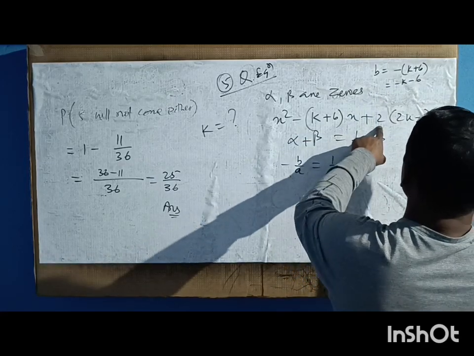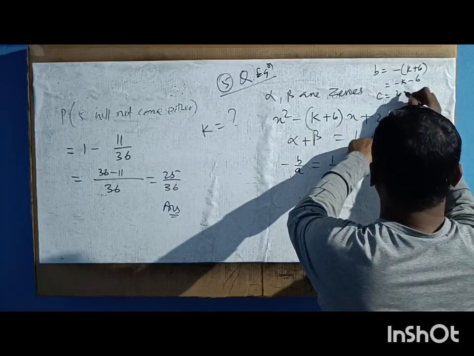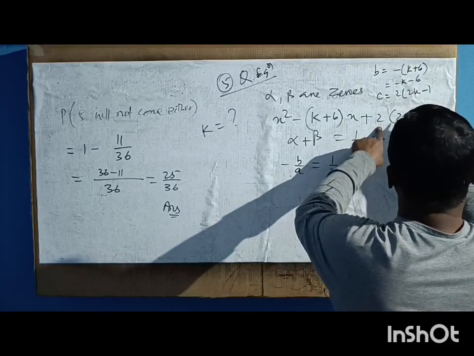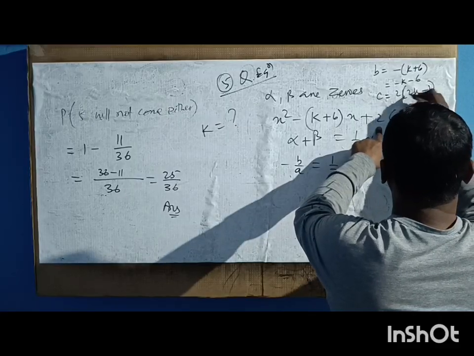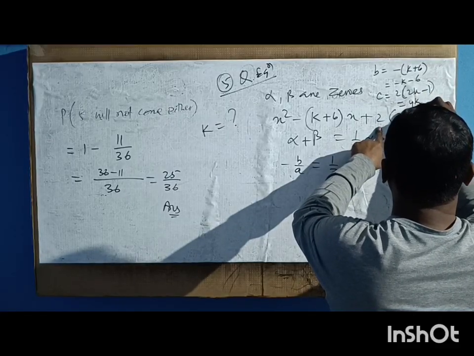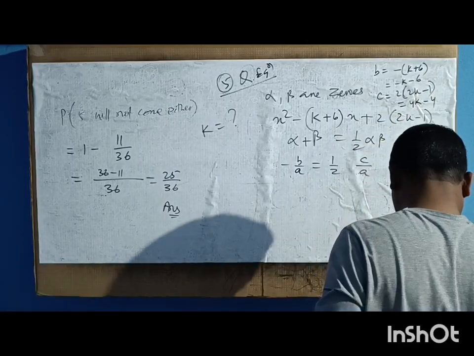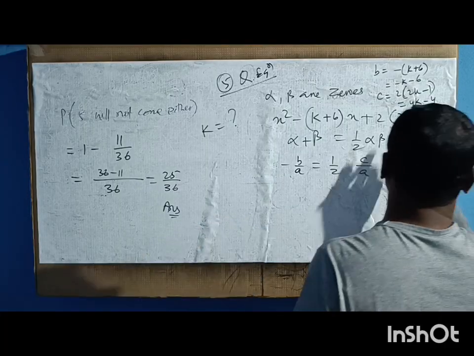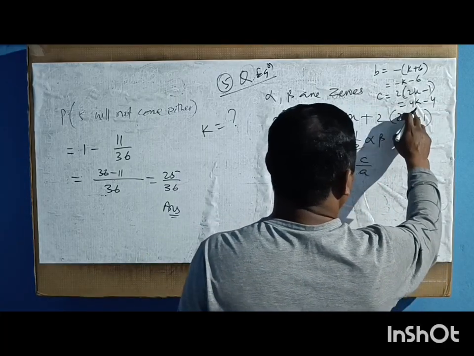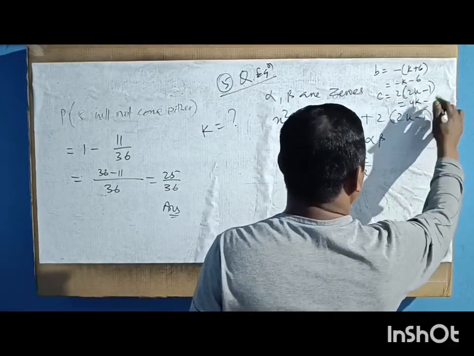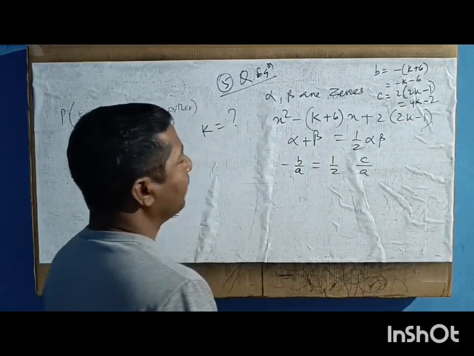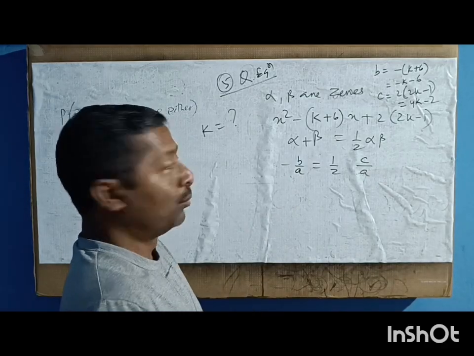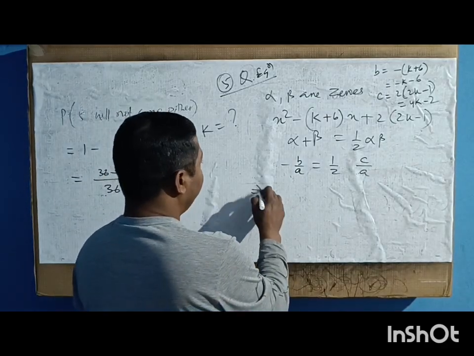And what is c here? 2 into (2k minus 1), that means 4k minus 2. Is it correct? So 2 into 2k is 4k, 2 into minus 1 is minus 2.